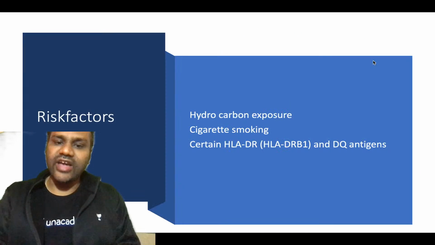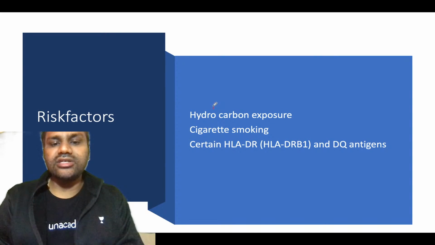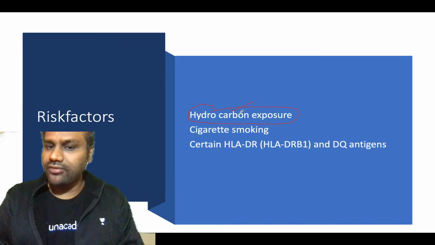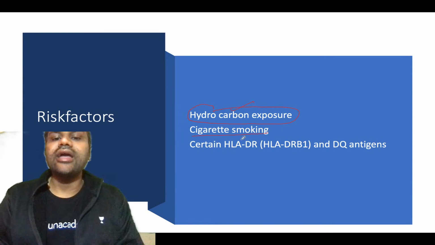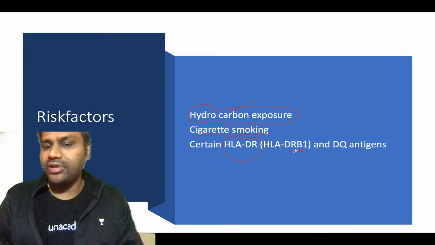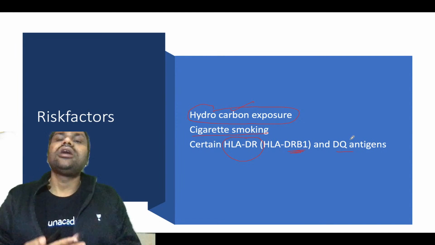Now the risk factors, those factors which will generate this antibody, are hydrocarbon exposure, cigarette smoking, and certain HLA-DRs like HLA-DRB1 and DQ antigens. These can also generate this antibody.